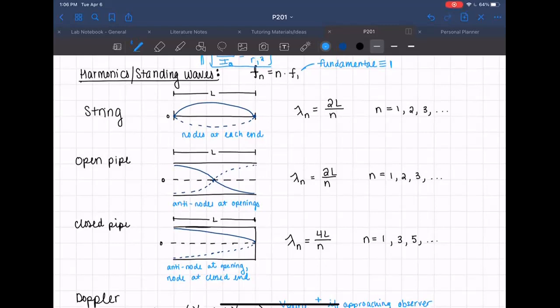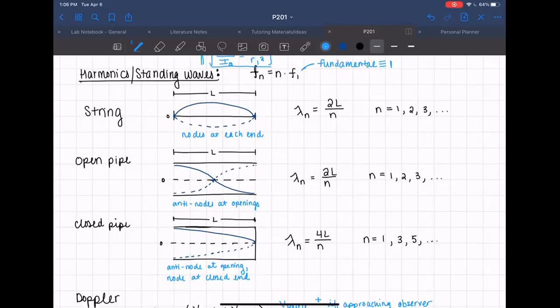Then if you feel more comfortable drawing the picture, you can do like in discussion: if you draw the wave and count the number of wavelengths, you could then set that number of wavelengths equal to L and find wavelength or length, depending on what they give you and what they're asking for, from the picture itself.